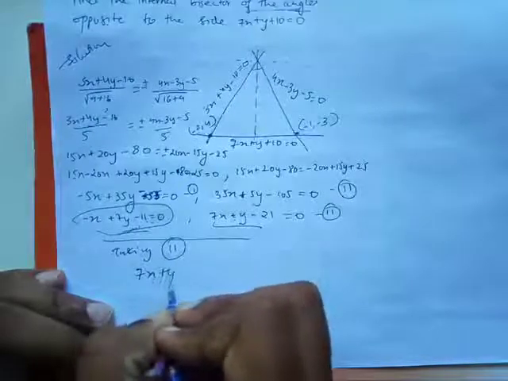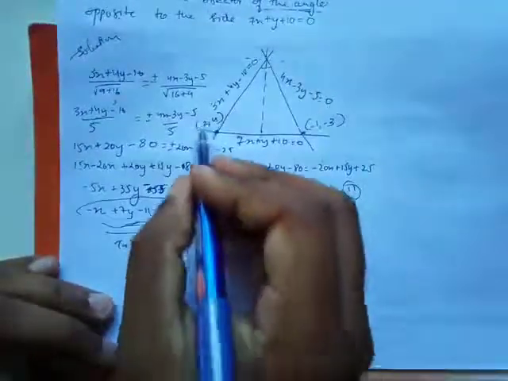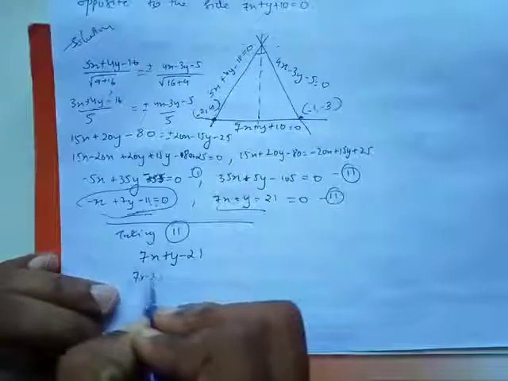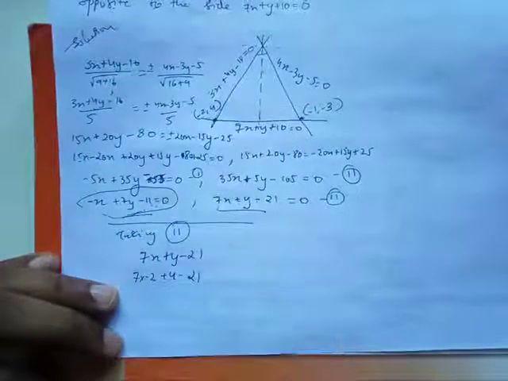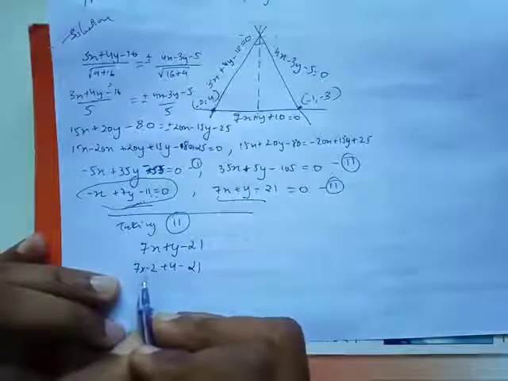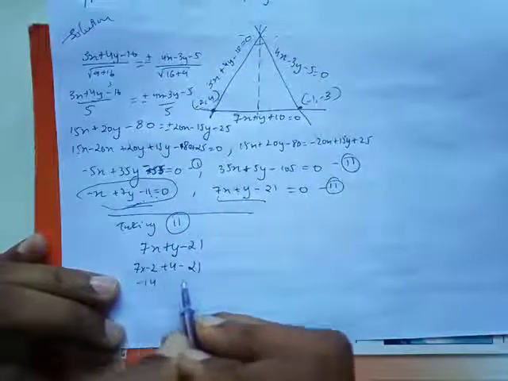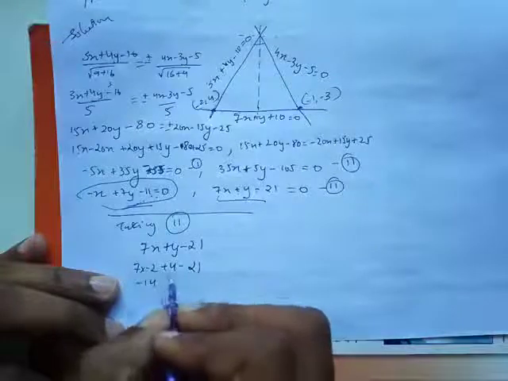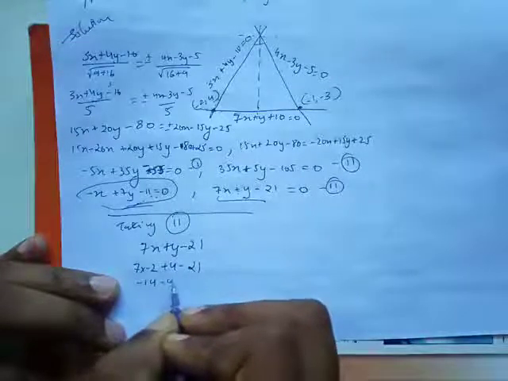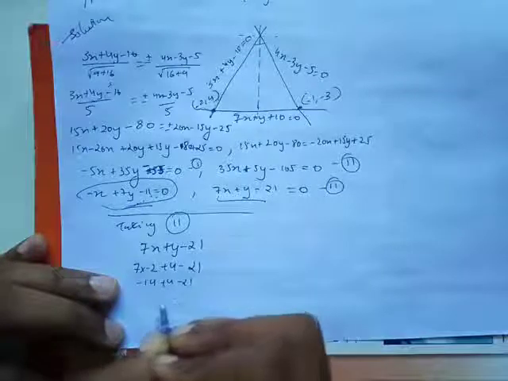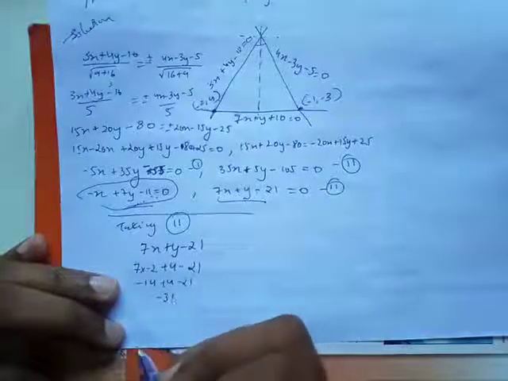In 7x plus y minus 21, I'm putting this: 7 into minus 2 and then plus 4 minus 21, and then I'm getting my answer as minus 14 and minus 21. So minus 10 and plus 4 minus 21 is minus 31.